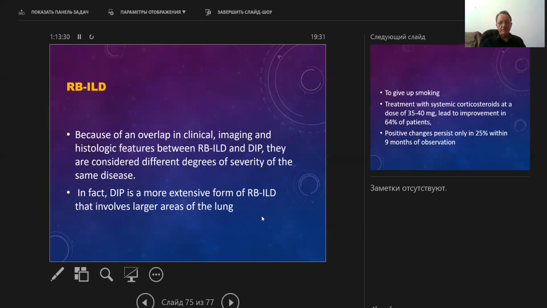Because of an overlap in clinical, imaging and histological features between RB-ILD and DIP, these are considerably different degrees of severity of the same disease. In fact, DIP is a more extensive form of RB-ILD that involves larger areas of the lung.